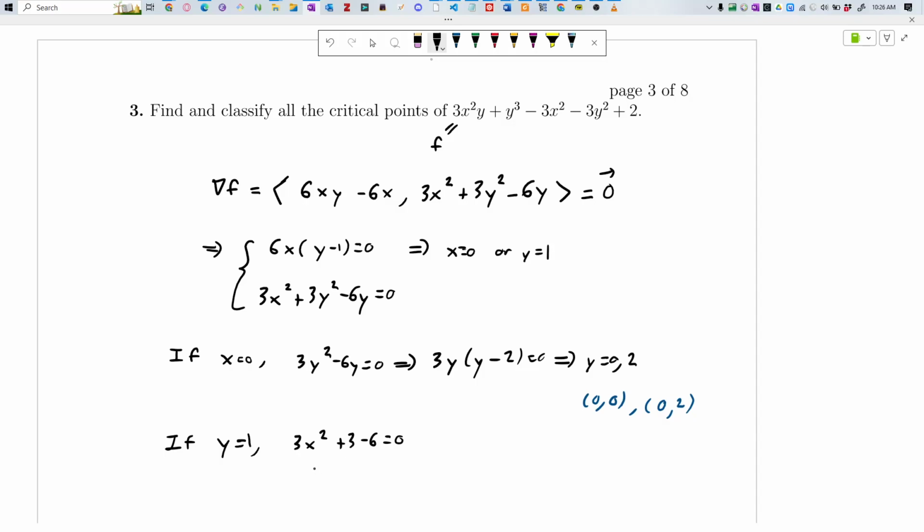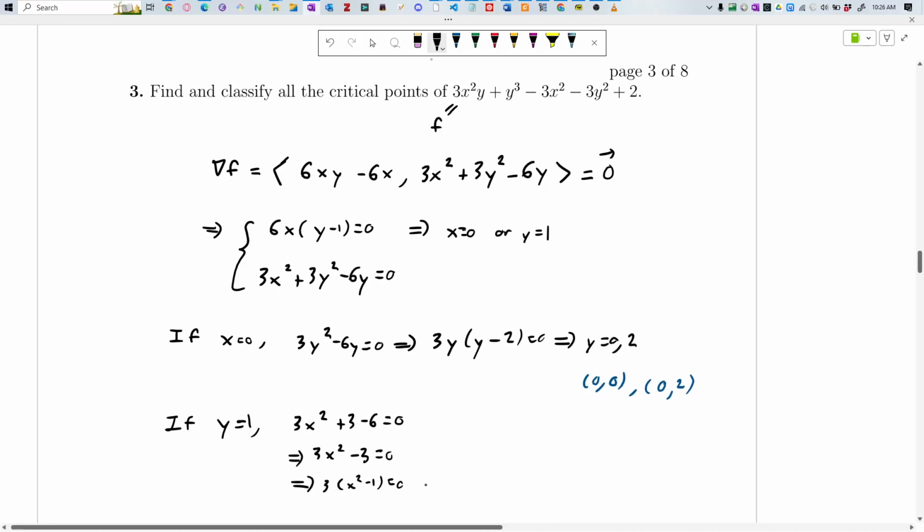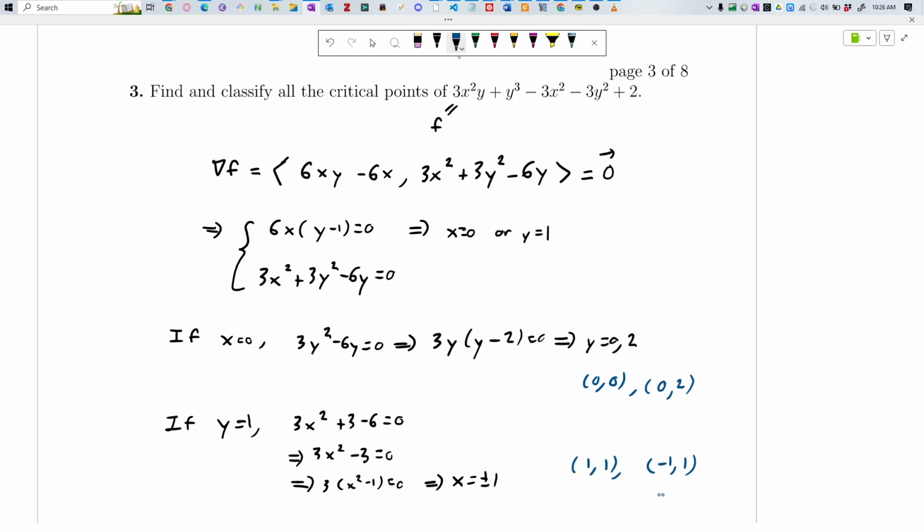So then 3x squared minus 3 equals 0, and so x squared minus 1 equals 0. Okay, so that means x is equal to plus or minus 1, which contributes another 2 points. So we have the point 1, 1 and the point minus 1, 1. So these are all of the critical points for this function.